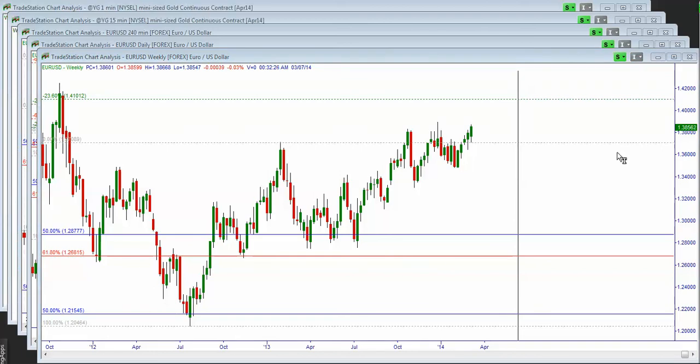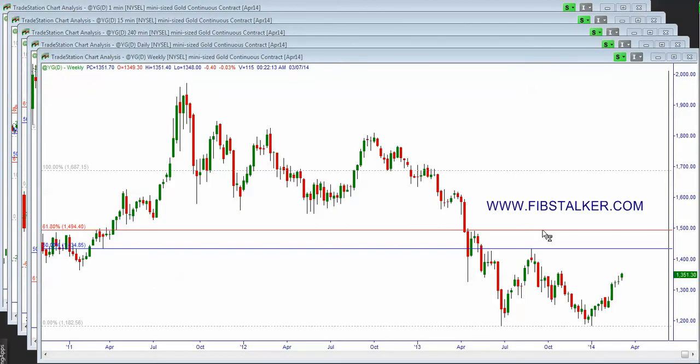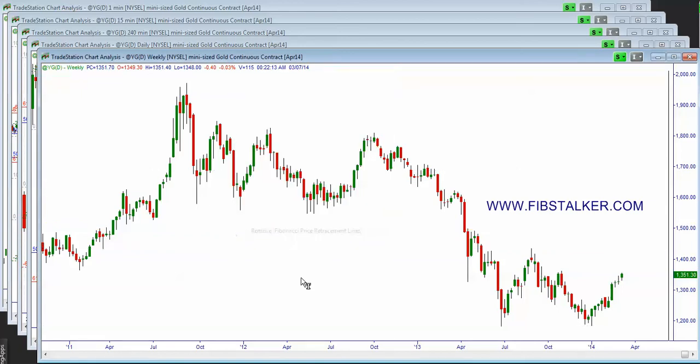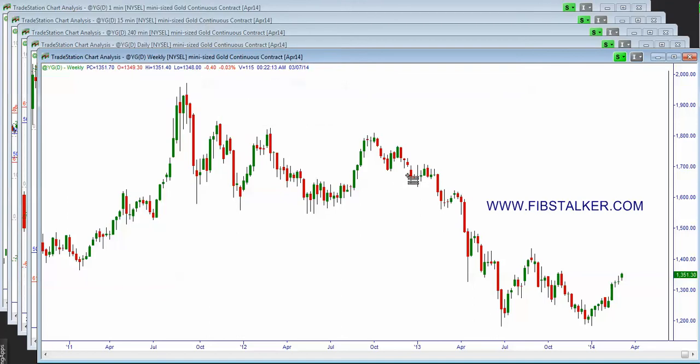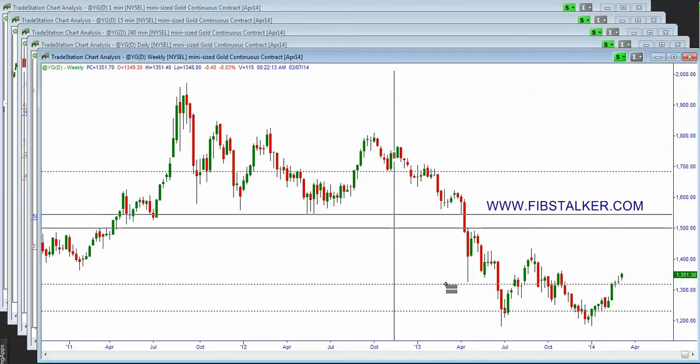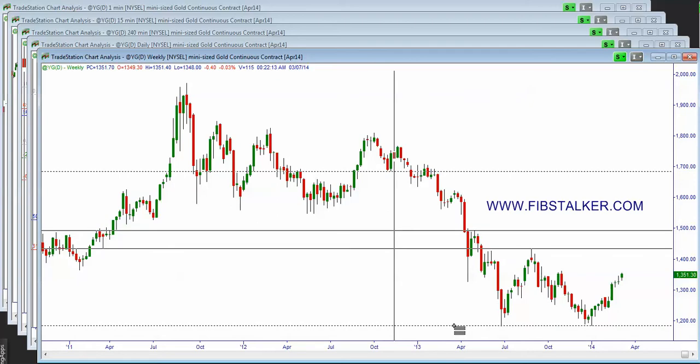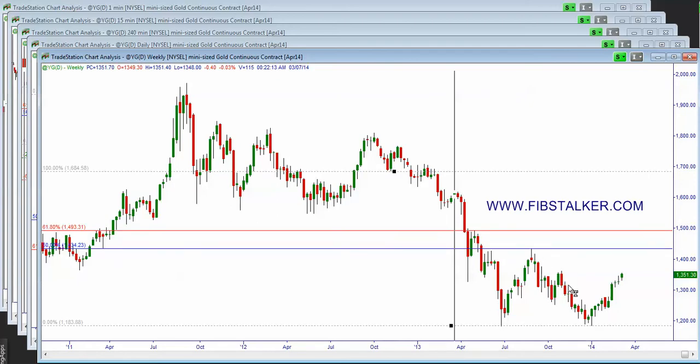Finally, I want to close with the gold futures here. When we look at the weekly, which is what you see on the screen, we had this lows to lows and extension short, which would have targets below.